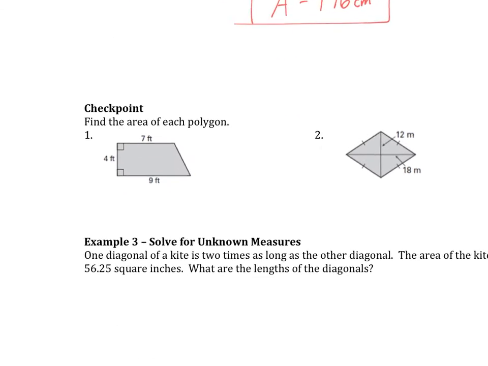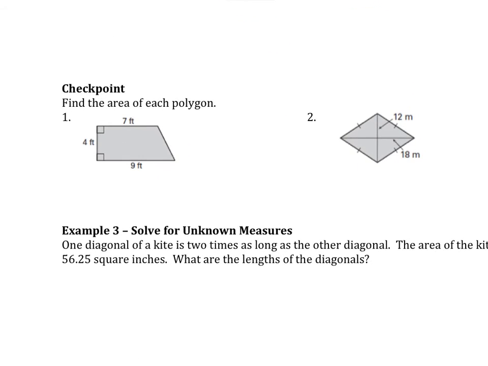As I slide down, checkpoint, find the area of each polygon. So number 1 is a trapezoid, and the area of a trapezoid is 1/2 times the height times base 1 plus base 2. So the height is 4, base 1 is 7, and base 2 is 9.